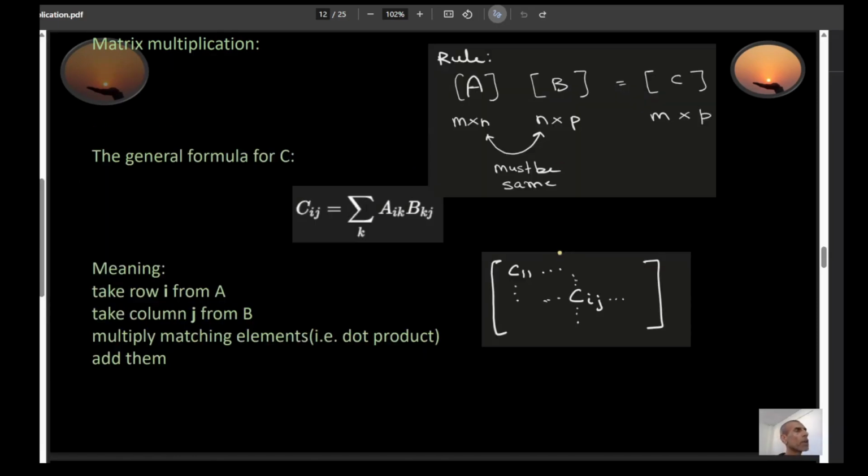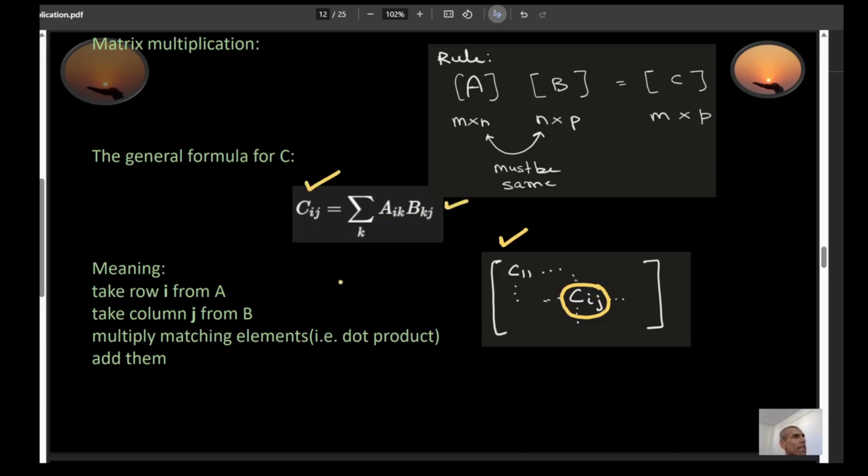Now, some of you may come from a math background and may want to know how to calculate the coefficient. What is the exact formula to calculate the coefficient of the matrix C? Suppose this is your matrix C right here. This is my C11, C12, and so on and so forth. Let's suppose Cij is any general element in your matrix C. The formula for Cij, in other words, how you calculate any element in the matrix C, is this formula right here.